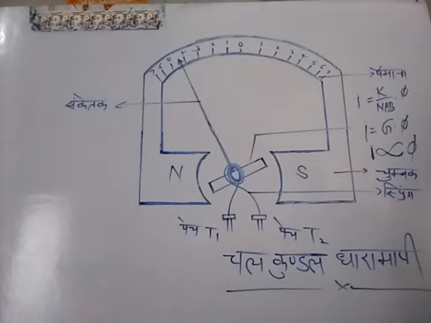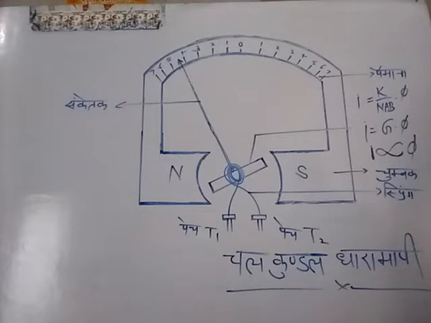If the spring used in the galvanometer is very flexible, very soft, then the force constant of the spring is very low. So we can increase the sensitivity of the galvanometer by reducing the force constant K of the spring.